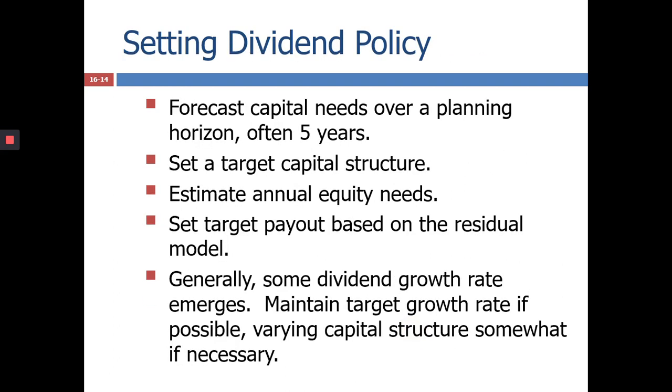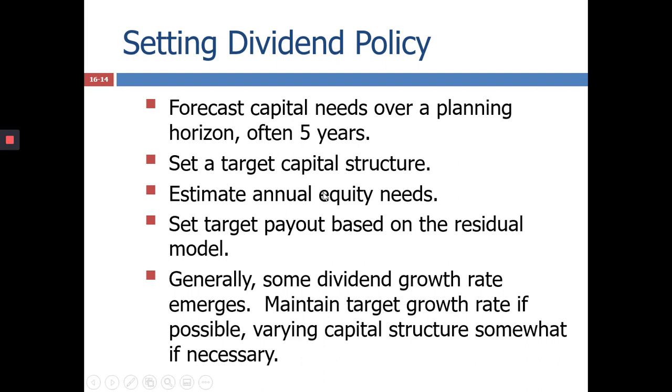So how to set a dividend policy? The first thing you need to do is forecast and project how much capital you need, for example for 5 years. Then you set a target capital structure.